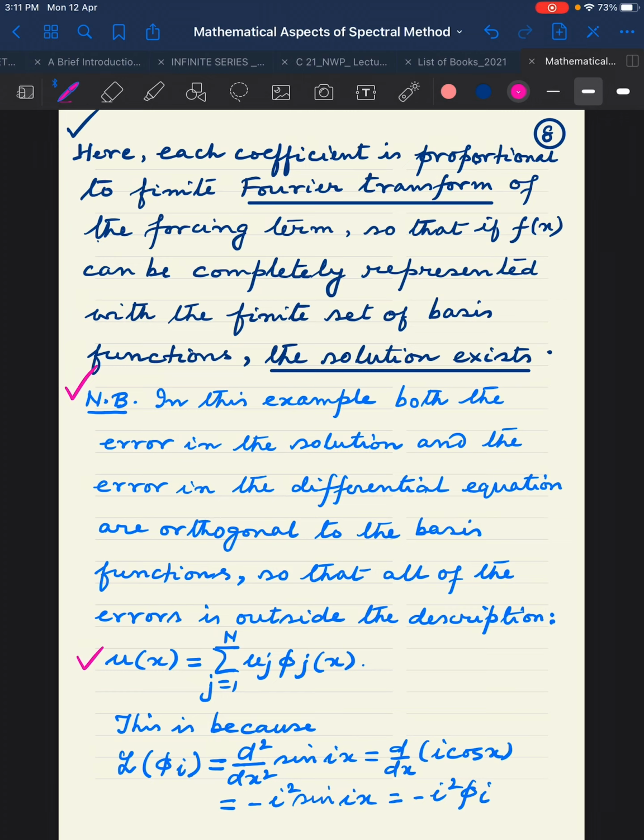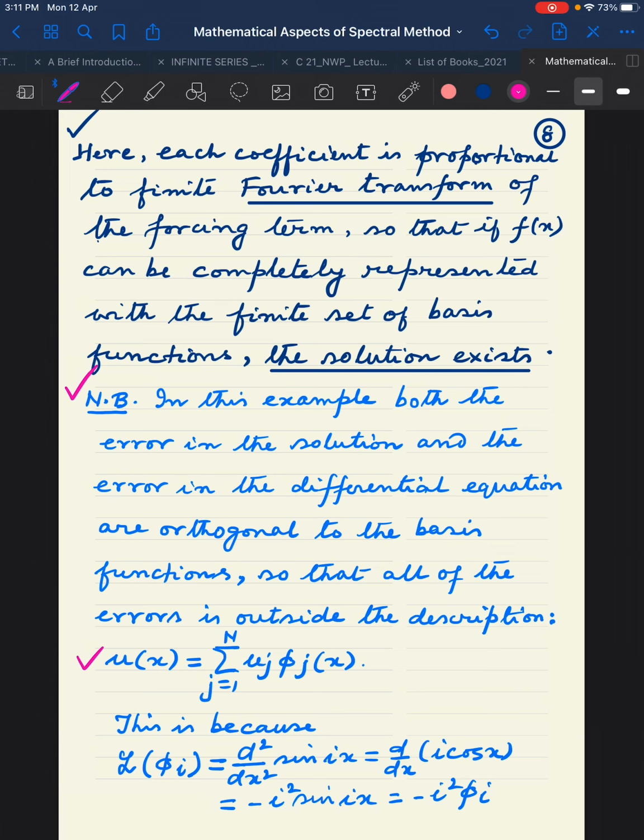Both are orthogonal, and as a result all of the error is outside this domain. In this domain we know that both the error in the solution and the error in the original differential equation are orthogonal to the basis functions.